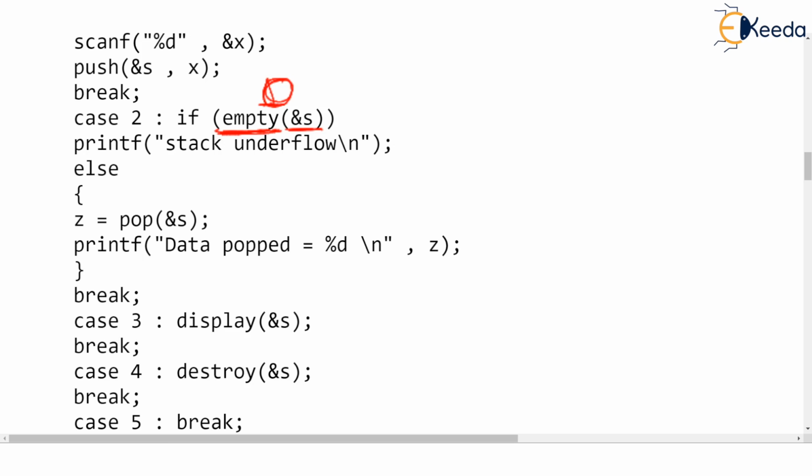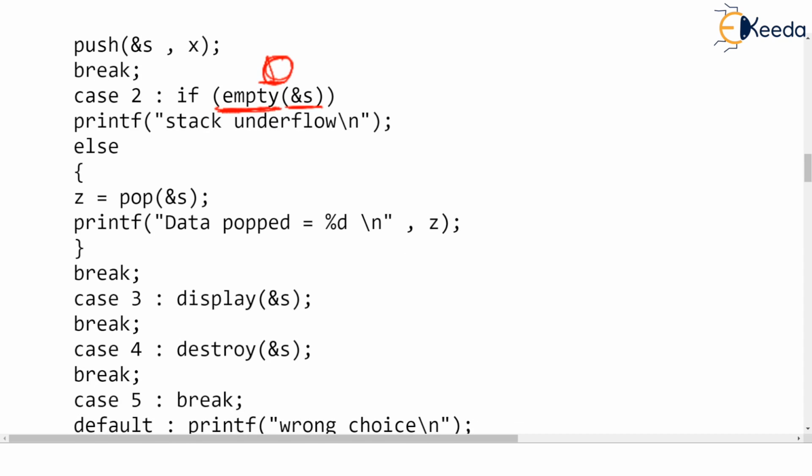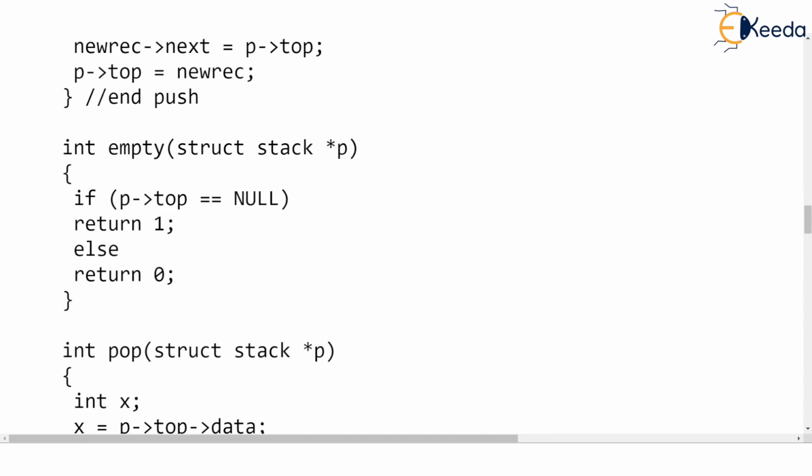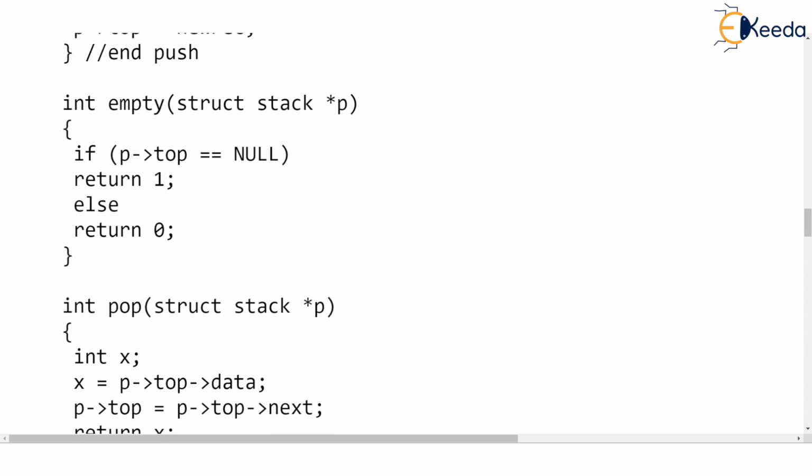How do you write this empty function? Just check the empty function written at the bottom here after push function. The empty function returns int. Why? Because you know it's going to return either 1 or 0, which is an int value. And 1 means true, that the stack is empty, and 0 means false, that the stack is not empty.